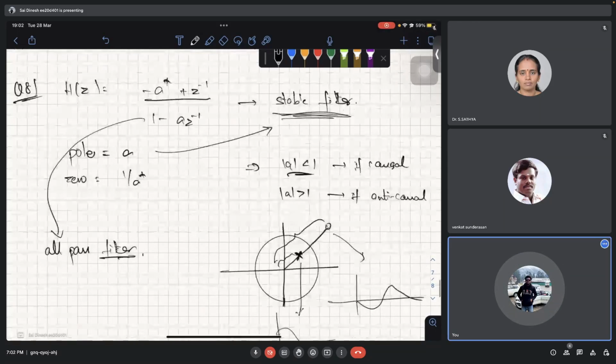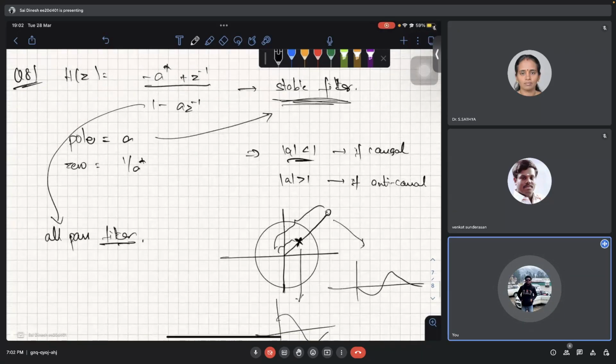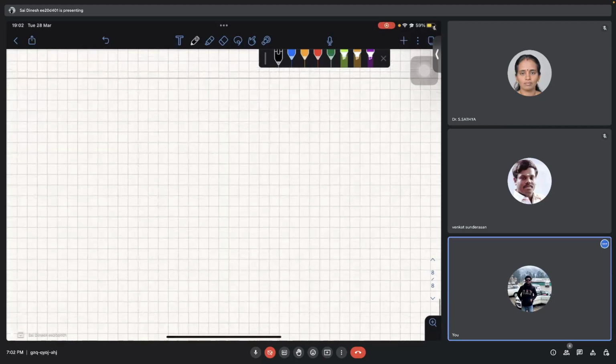For different values of a, it can be either both positive, both negative, or mixed. So if you can find one such counterexample, then we can say that the information is not sufficient. That is the hint that I give here. Okay, and then you need to figure that out for the assignment.